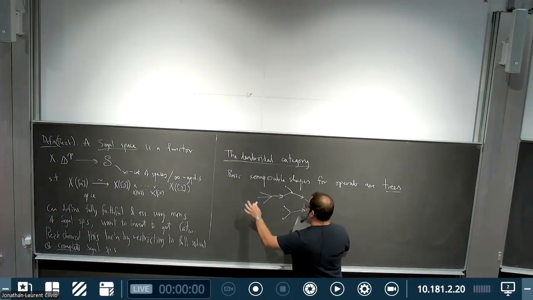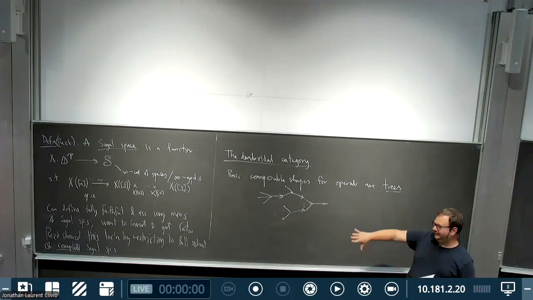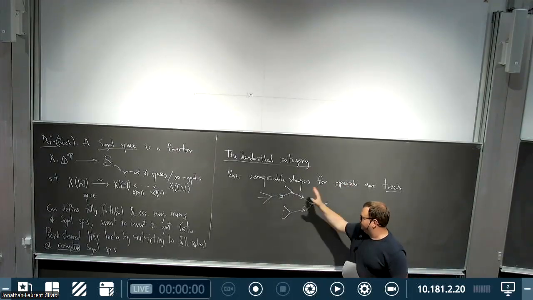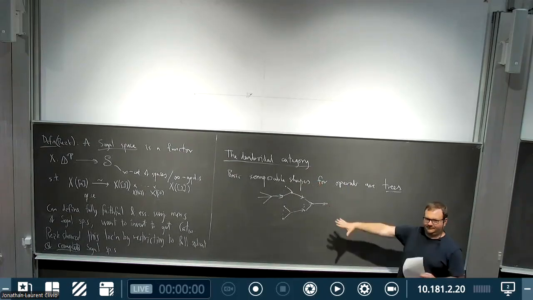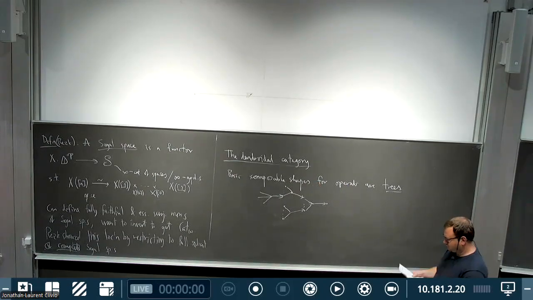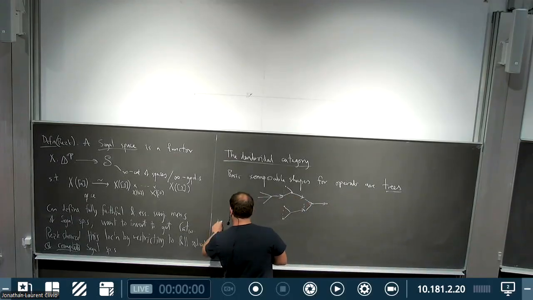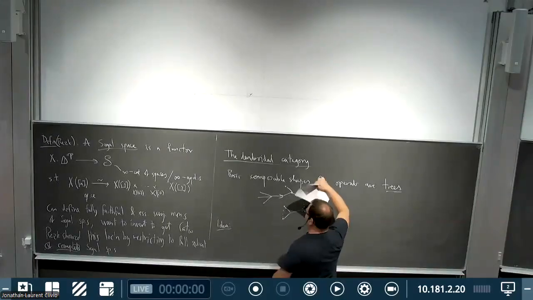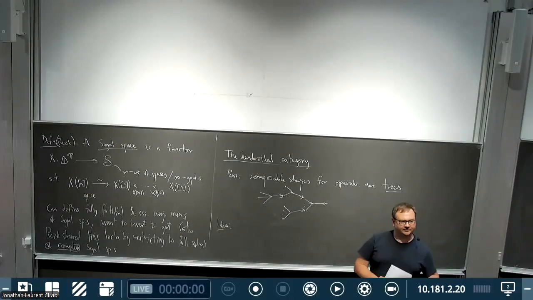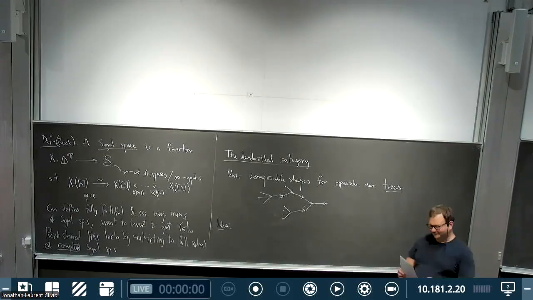But if you keep going, it builds up into a tree, and then in an operad, there's supposed to be a unique way of composing any such tree of operations to get a new operation in the operad. We want to define those trees, which is going to be this so-called dendroidal category. And the word dendroidal has something to do with trees, and that's where it comes from.